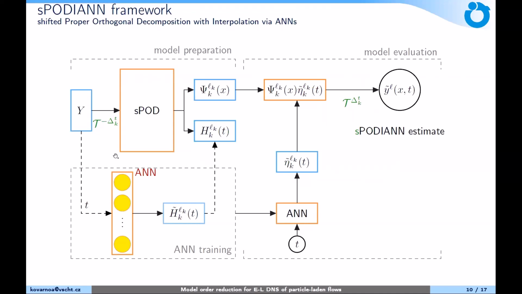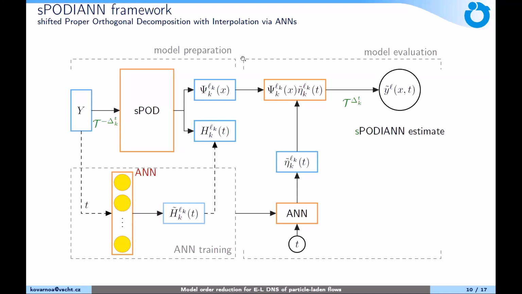We just need our matrix of snapshots and some information on the transport. Then we perform shifted POD on this matrix, and get our matrices of the spatial modes psi and of the time-dependent amplitudes eta. We then use these etas as training data for our neural network, and the neural network gives us an interpolant between them and a time-continuous approximation.